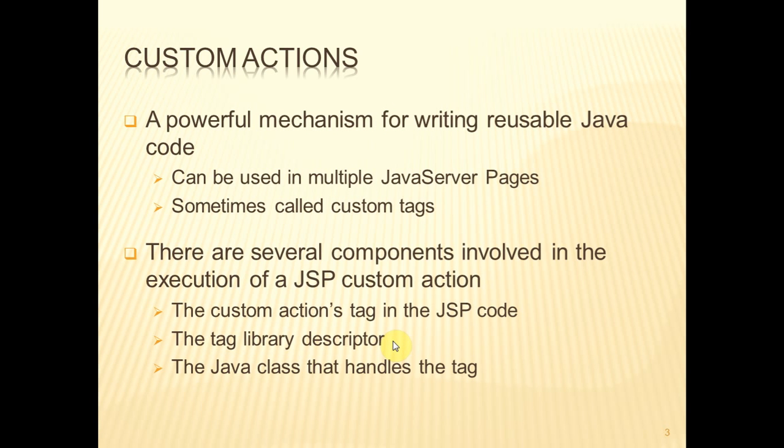We need the custom actions tag to be put into the JavaServer page. We need a tag library descriptor that defines the tag in terms of name and attributes and so on. And we need the Java class that will be executed whenever that tag is encountered in the code. So we have then these three components.